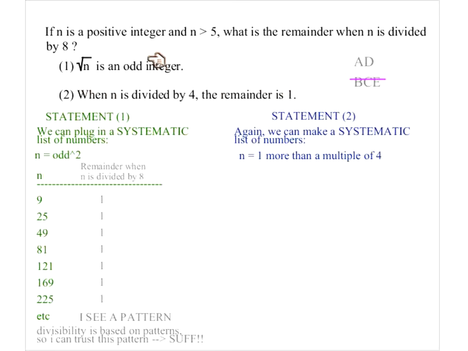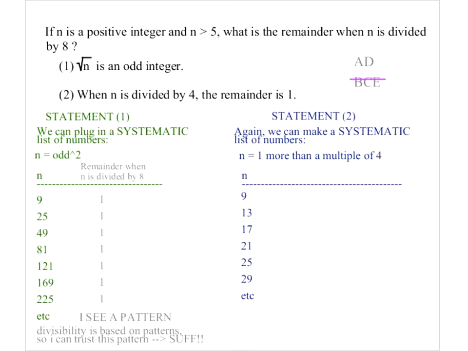That's how you get this to happen. You take a multiple of 4 and you add 1 to it. And if you don't figure that out, you can just figure it out by pure trial and error. But the n's that satisfy this statement, it's got to be greater than 5, so we start with 9. Here's the first few of those.